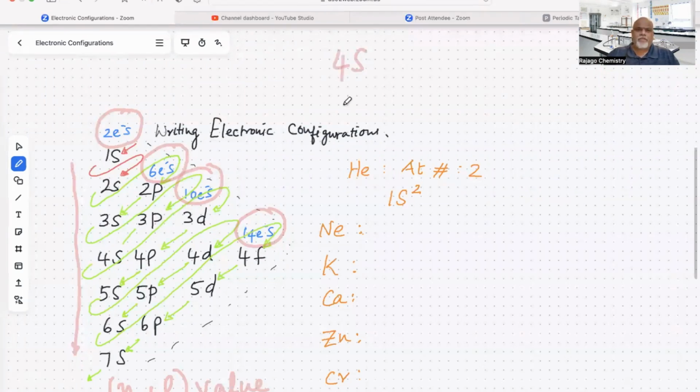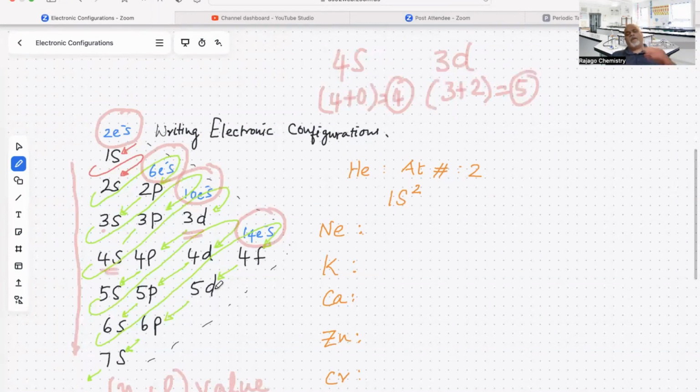For 4s, the n plus l value: n value is 4 plus l value for the s subshell is 0, equal to 4. But for 3d, n is 3 and the l value for d is 2. So it is going to be 5. So this is 4, but this is 5. That is the reason it goes to 4s and then to 3d, and so on.